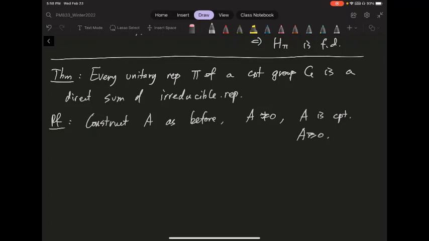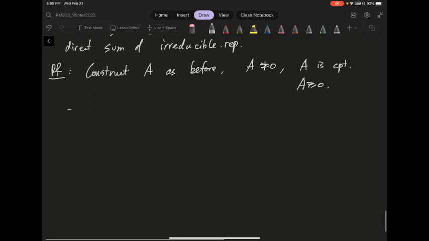So what happens is that the spectrum corresponds to its eigenspaces. So you can diagonalize this A. The idea is that you can decompose H pi using these eigenspaces.